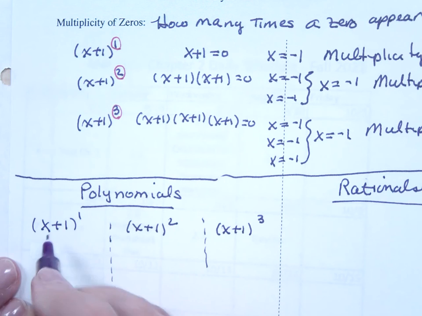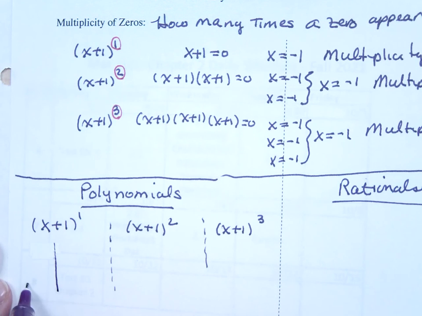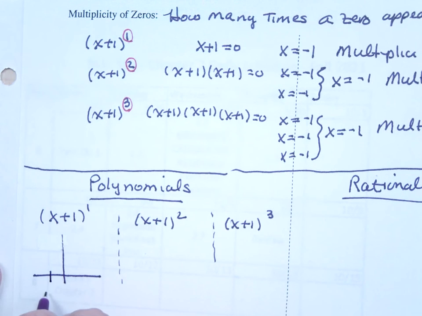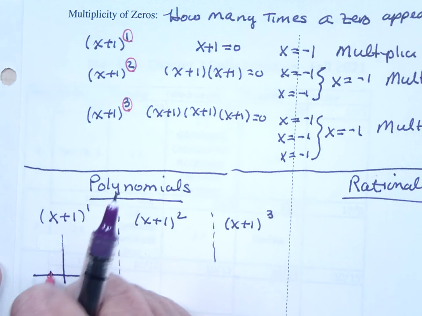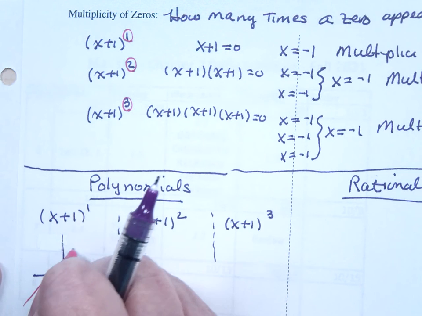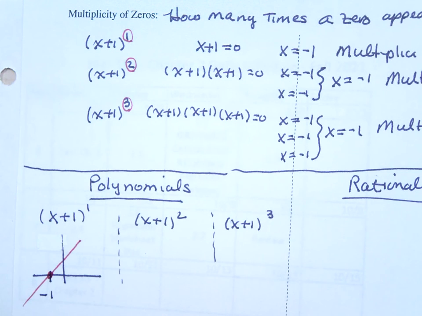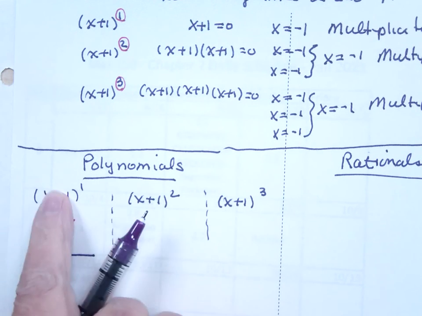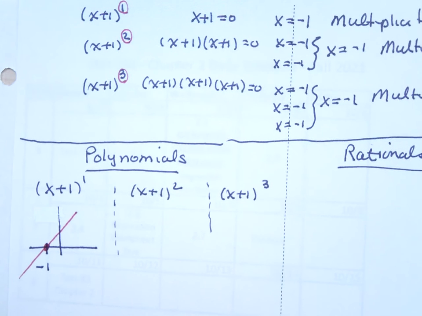X plus 1 to the 1, if I go to graph it, has a 0 at x equal negative 1, and it is a line. Here's my 0, and it's a line. Now you're going to say, well, what's significant about that? Now remember, this is multiplicity 1. If I look at multiplicity 1, the line crosses the x-axis, first of all.